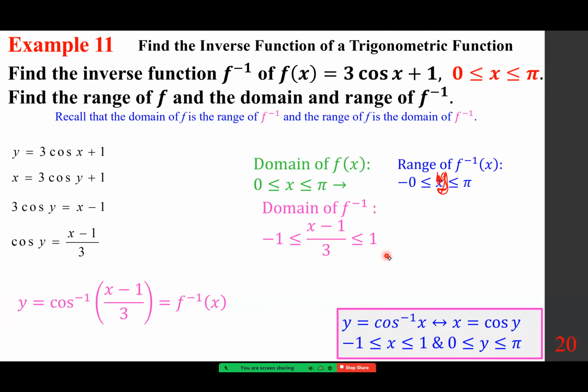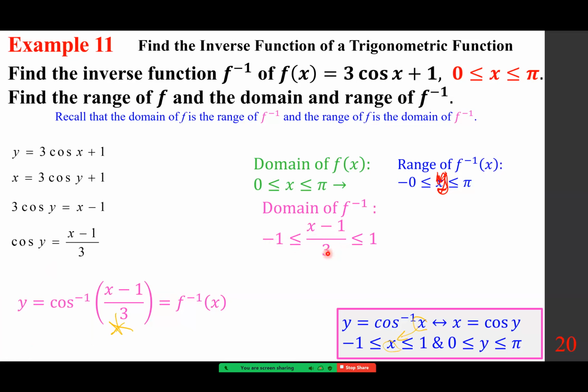That means x minus 1 over 3. See, x is between -1 and 1. Whatever this x is, I want to emphasize this: when we say x, we mean this expression, whatever it happens to be. So this expression must be between -1 and 1. Well, let's multiply by 3.